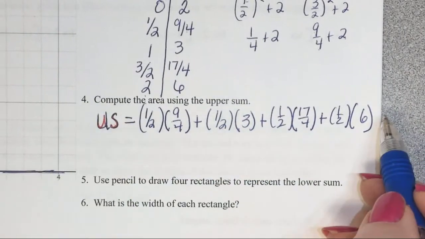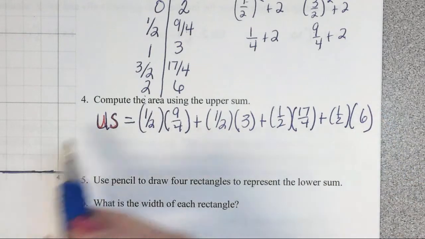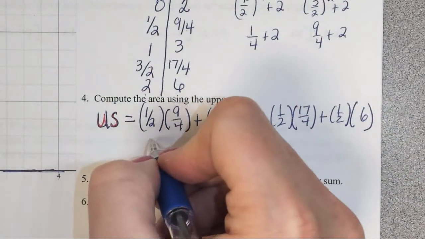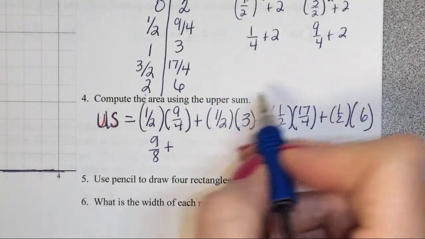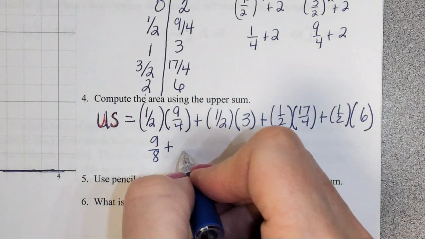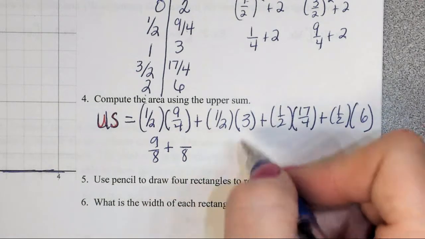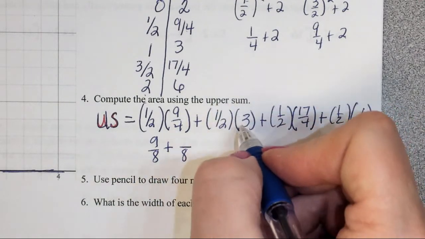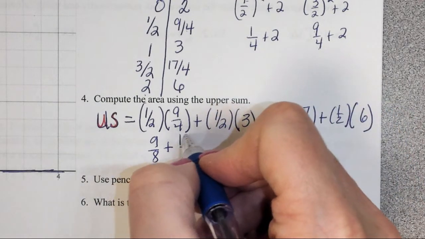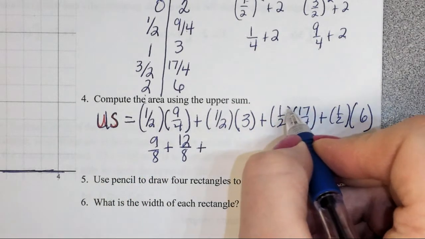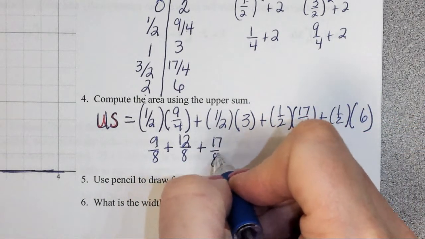Okay, so now I have to do all of this. I'm just going to do it without a calculator. It's going to be 9/8 plus, this would be 3/2. I'm just going to get a common denominator. 3/2 would be 3 times 4, 12/8. This would be 17/8.